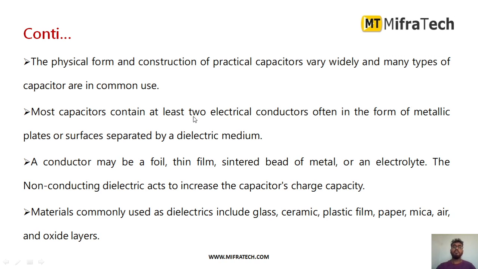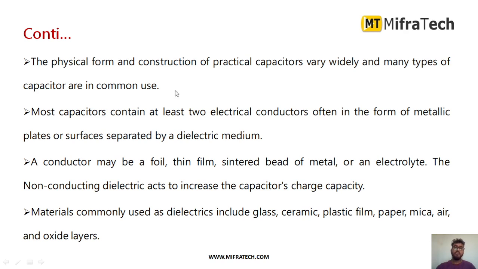The physical form and construction of practical capacitors are really widely varied, and there are many types of capacitors in common use. Most capacitors contain at least two electrical conductors, often in the form of metallic plates or surfaces, which are separated by a dielectric medium.